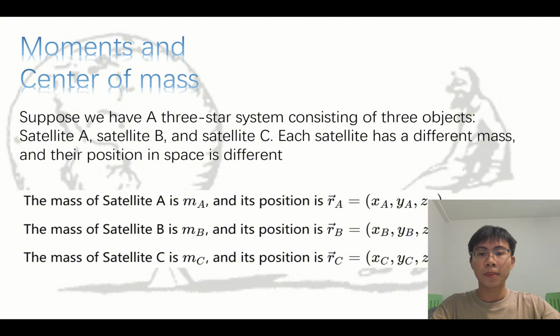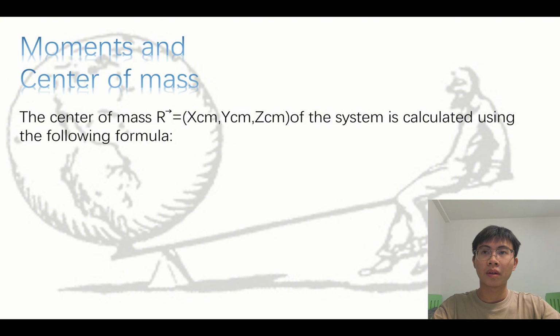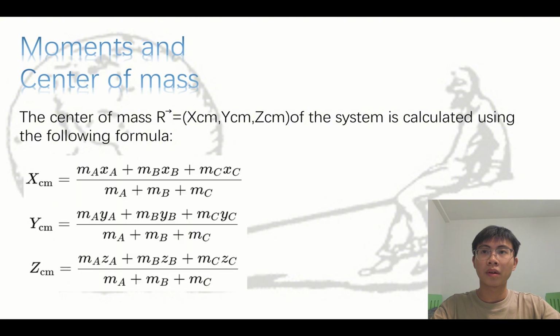Now, suppose we have three masses with their positions as shown in the figure. Then we can calculate their center of mass according to the formula we just gave. And the result is shown in the figure. And their moments are as shown there.